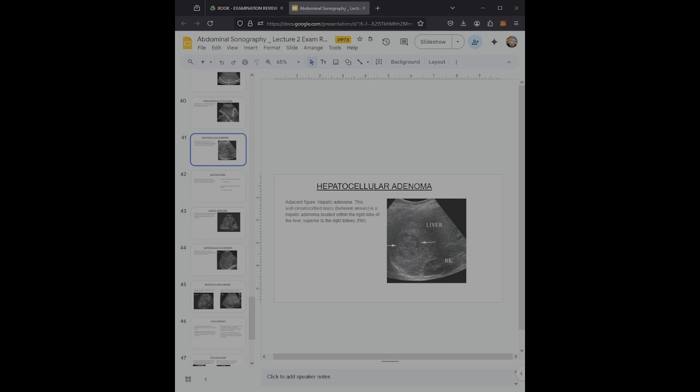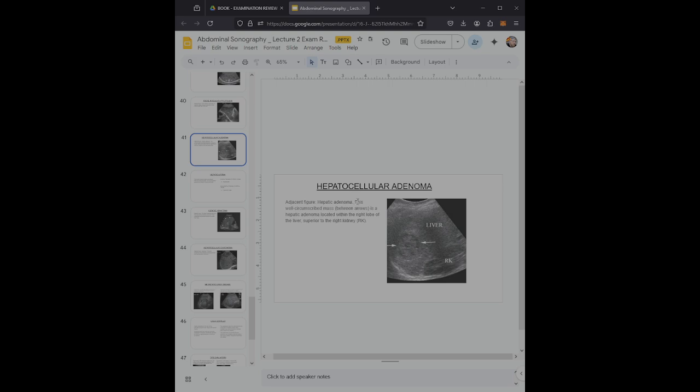Sonographically, a hepatocellular adenoma presents as mostly hypoechoic, although it may be hyperechoic or isoechoic or mixed in terms of echogenicity. Clinical findings: usually asymptomatic, associated with oral contraceptive use, and pain occurs with hemorrhage.